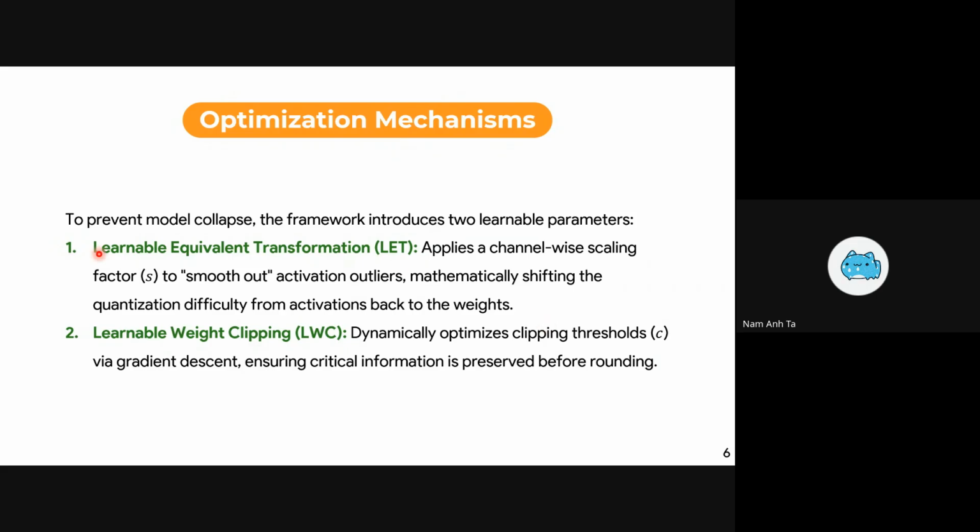The first one is the learnable equivalent transformation, or LET. With this we can calculate the scaling factor S to smooth out the activation outliers. The second learnable parameter is the learnable weight clipping, or LWC. By using this, you can calculate the C value, or the clipping thresholds, so we can ensure that critical information is preserved before rounding, because we need this C to cut those outliers off.